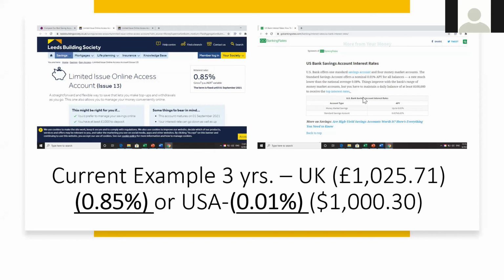Now, I've done some research, and currently you can get a rate of 0.85% interest per annum in the UK. And in the US, you can get a rate of 0.01%. So 0.85 gives you a return of 1,025.71.